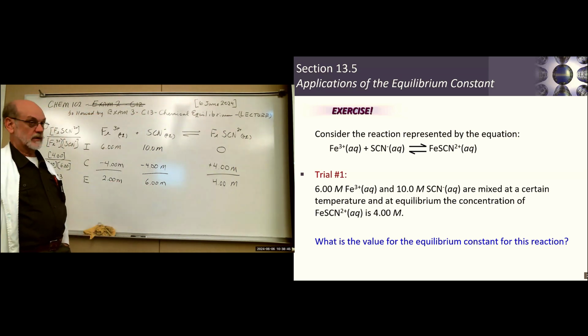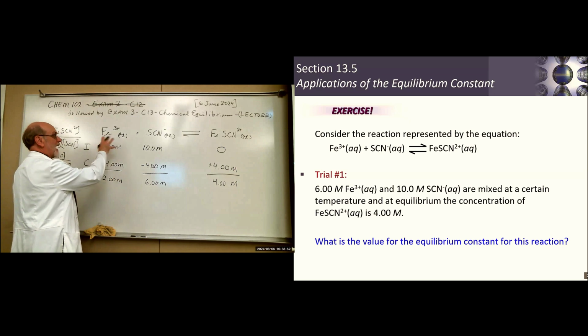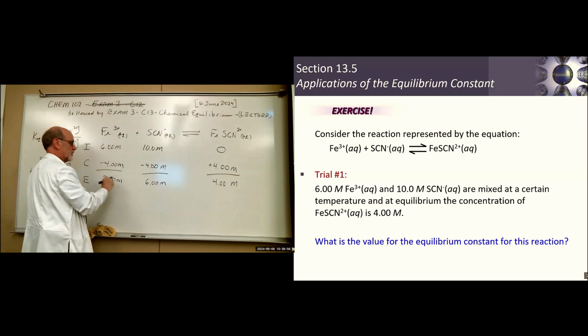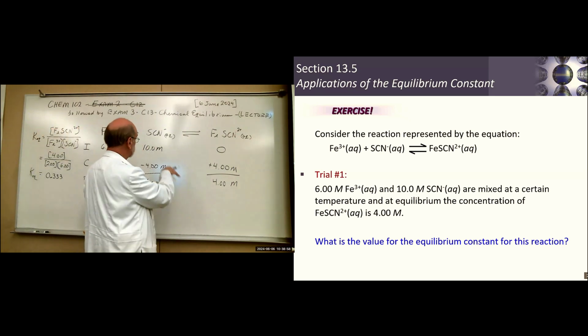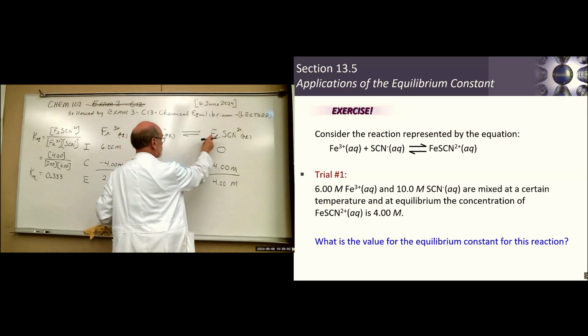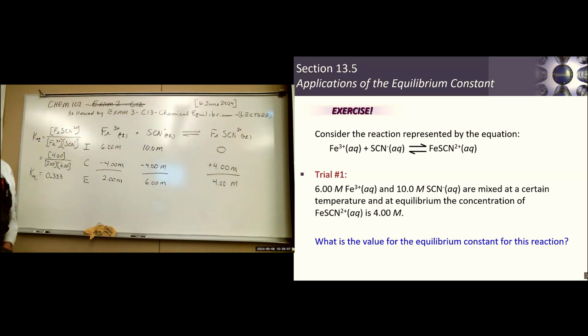You're not making 8 molar. I mean, you're using up 8 molar ions total, but you're only using up 4 molar of this one and 4 molar of that one. And when you put them together, this one plus that one yields this one. Okay, it's the stoichiometry of the equation, not the additive effect.